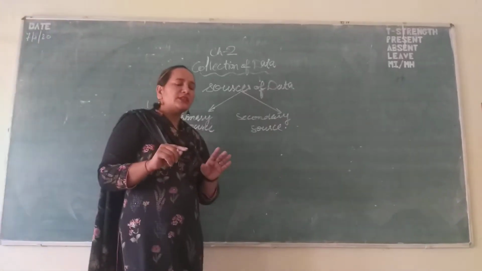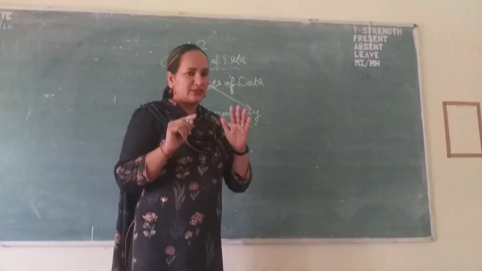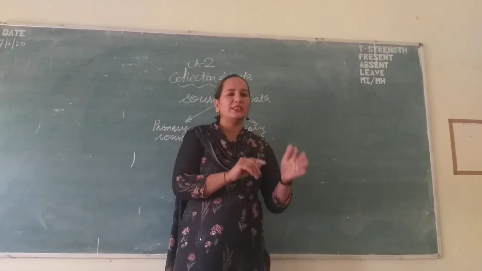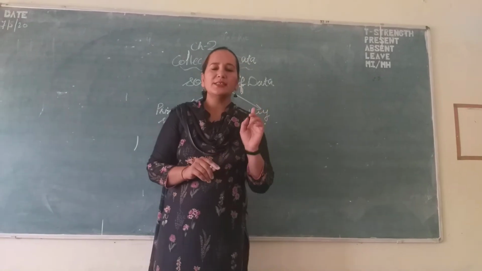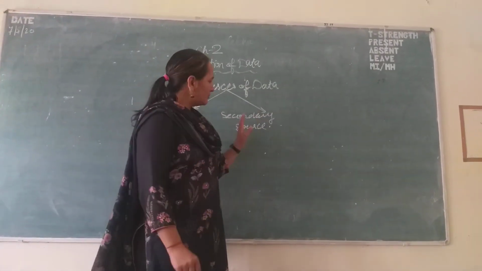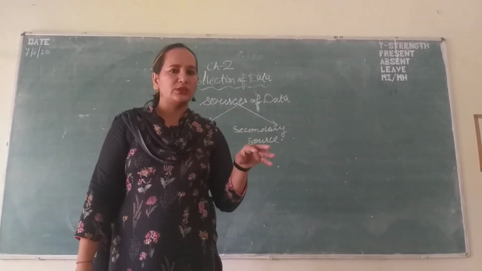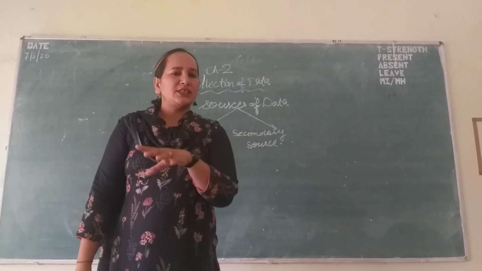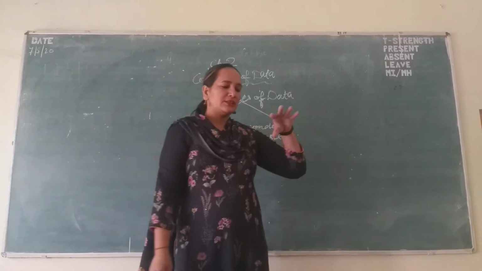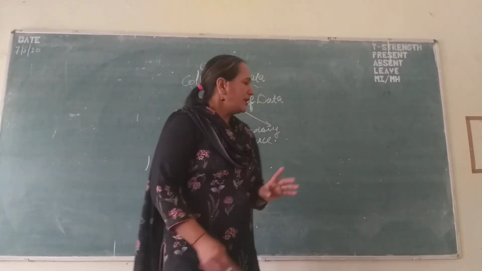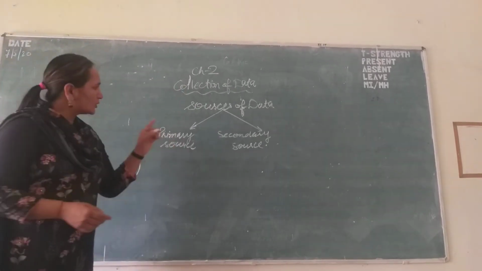If I obtain the literacy rate data from the municipality's office, where it is already in existence, that is my secondary source. Now the meaning is clear, primary source and secondary source. Daksha is a primary source, municipality office is a secondary source. Now the second question, sources of data.